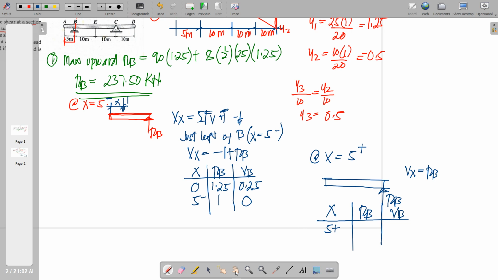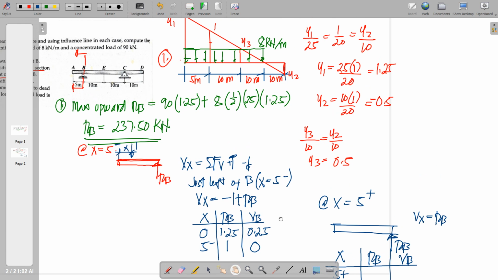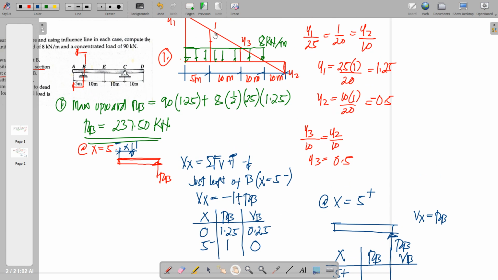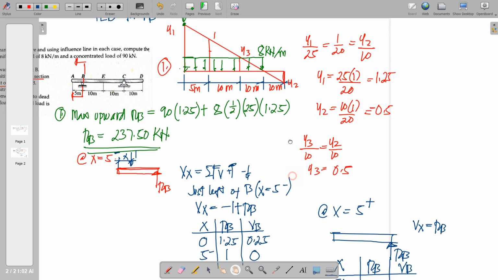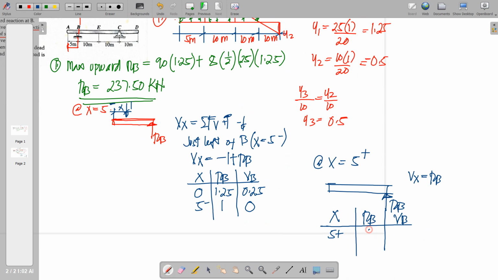So in short, let us just follow this diagram. When x is 5 plus, your reaction at B is equal to 1, and that would also equate to a shear of 1.